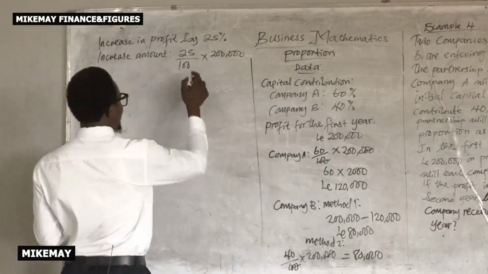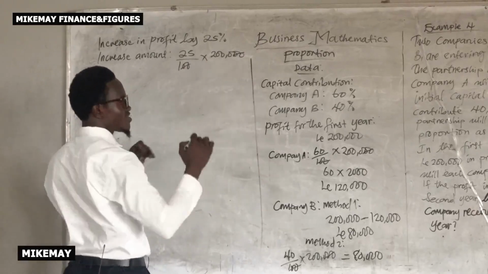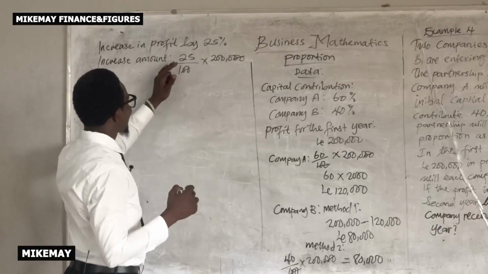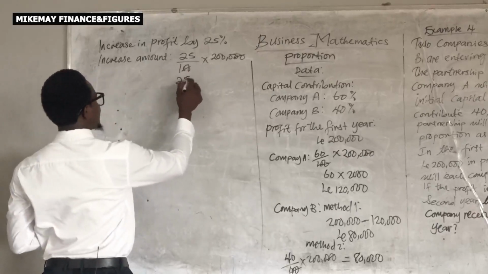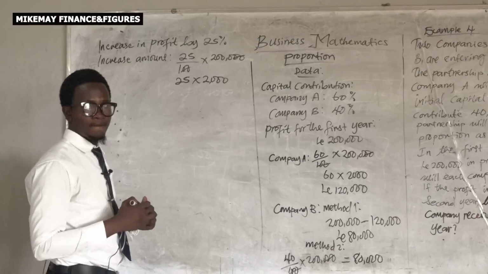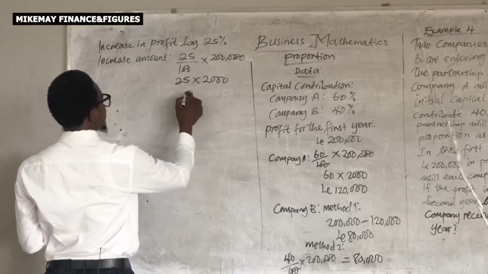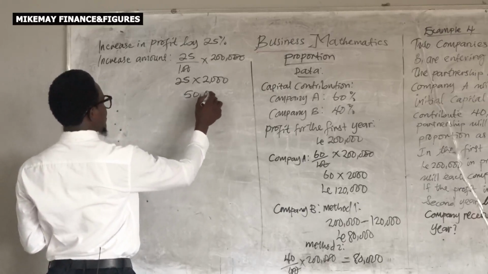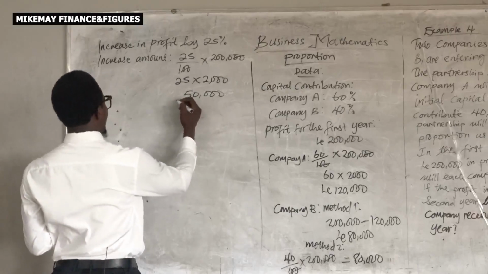If we work this out, you should agree with me that 2 zeros will knock 2 zeros from above. We are left with 25 here and 2,000 here. Let us proceed by multiplying them together. Okay. So, 25 multiplied by 2, you can agree with me, is 50. How many zeros do we have here? 3. So this is just the increase amount.